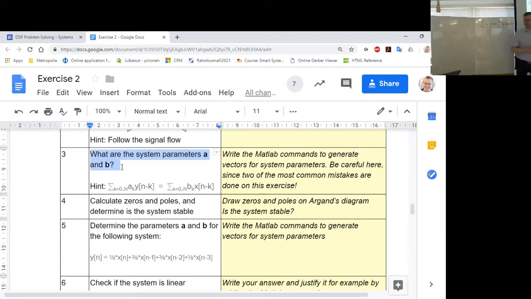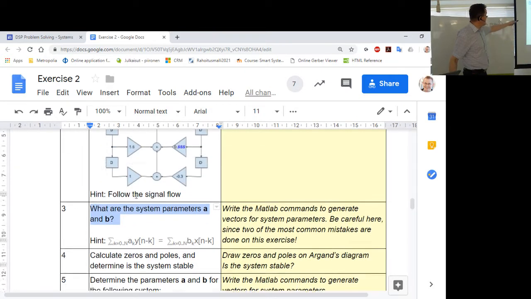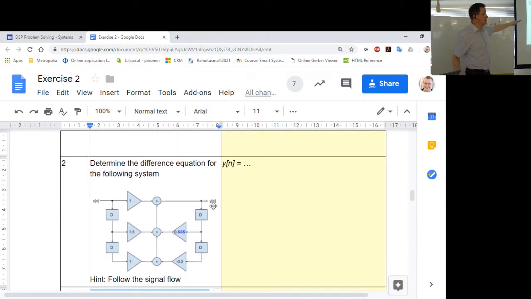Okay, and another one is a very simple mistake to do. When you first determine this difference equation in this form, so y[n] equals to something.